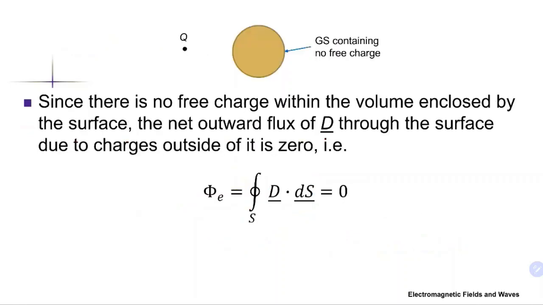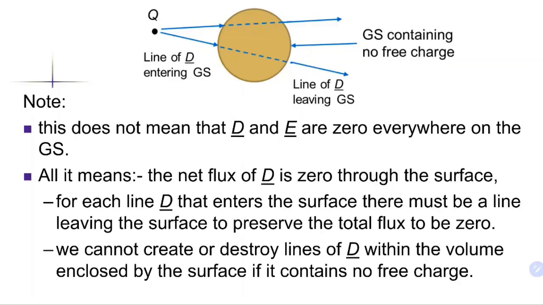Okay. So electric flux is 0. What it's telling you is that the net outward flux of D through that surface is equal to 0. Meaning that with my point charge, I still have my electric field or electric flux density.